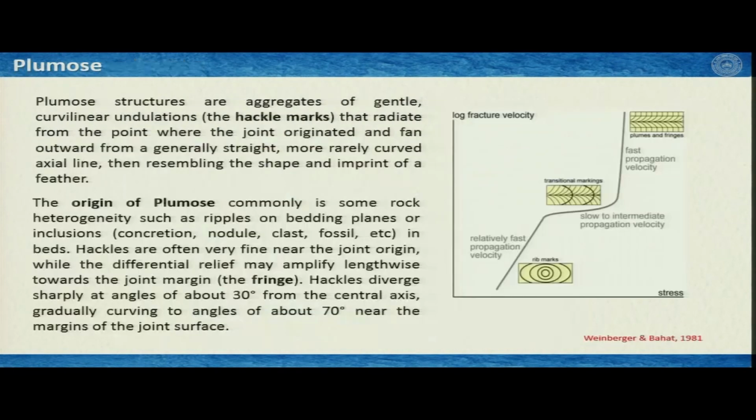So plumose structures are aggregates of gentle curvilinear undulations, also known as hackle marks, as I just told in the previous slide, that radiate from the point where the joint originated and fan outward, forming a generally straight, more rarely curved axial line.